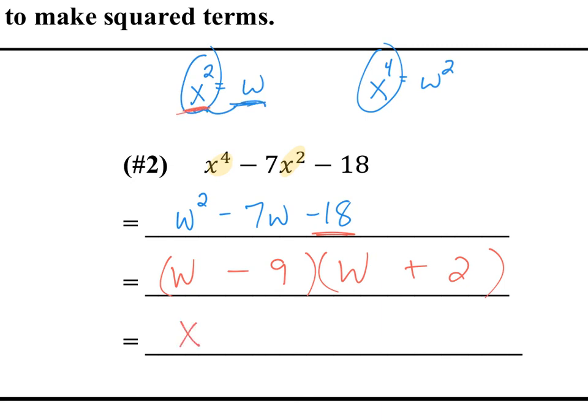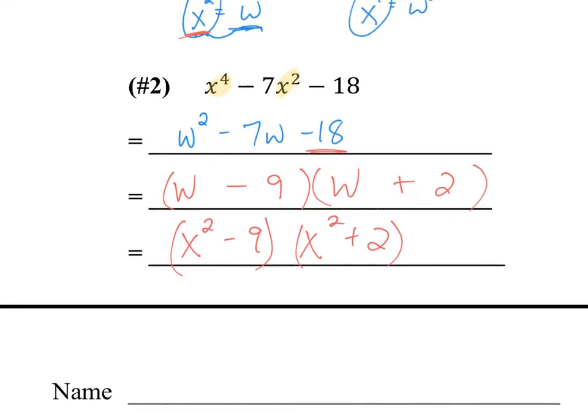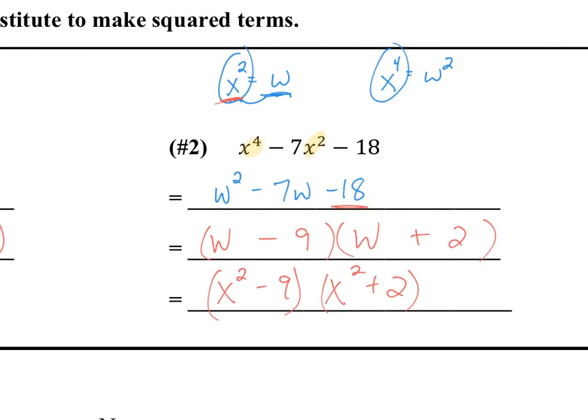So now we have x squared minus 9 and x squared plus 2. So we had to go back and replace the W with x squared. And the very last thing is, this is a long process, I know, x squared minus 9 can be factored again, because now we have a difference of squares. X times x, 3 times 3, and a plus and a minus sign.